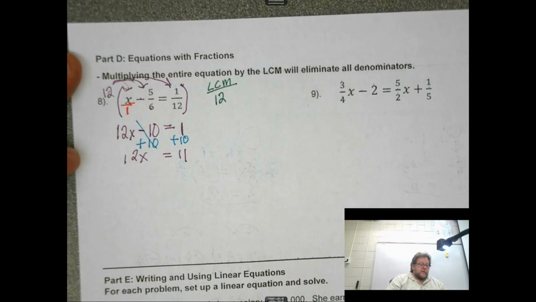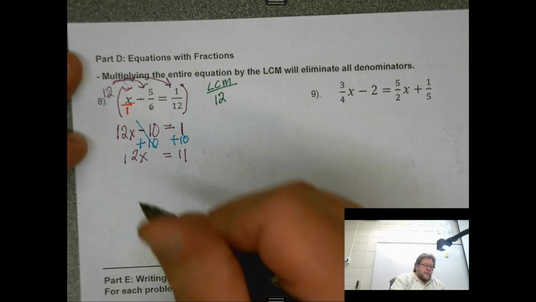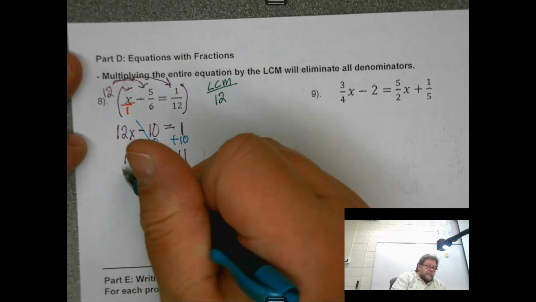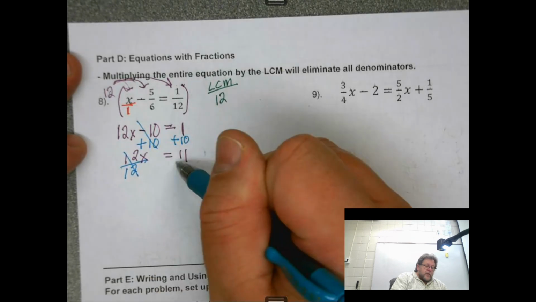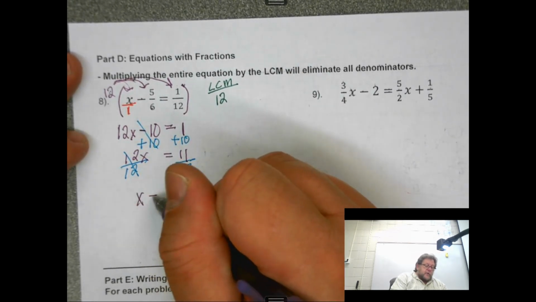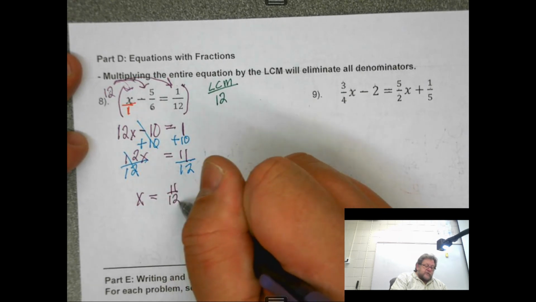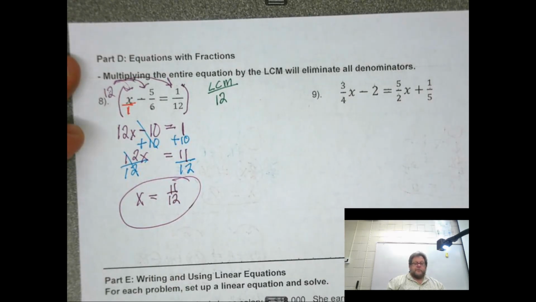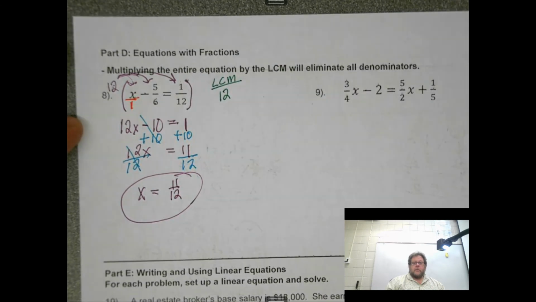Okay, number 9, my lowest common multiple. Again, this is over 1. So I'm going to take my highest one, which is 5. And we actually did this on the other side.